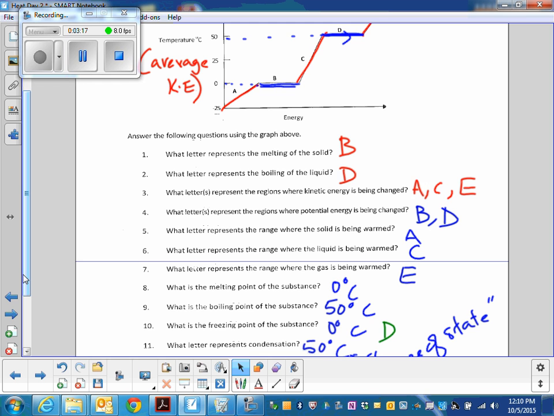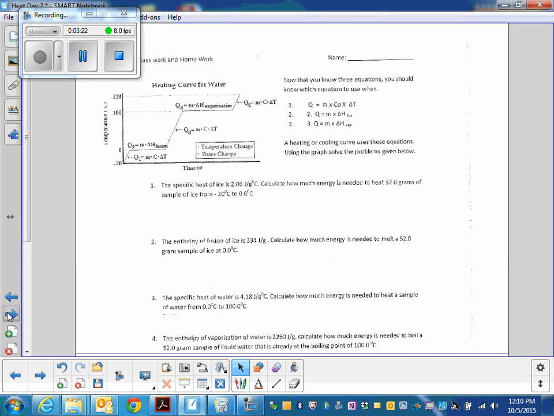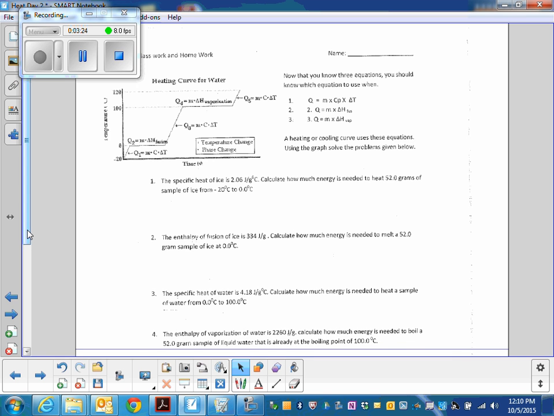Now, let's go to the next page. So when you have a substance, a substance can go from a solid state to a gas state. Now we have learned that there are three different equations that we use.